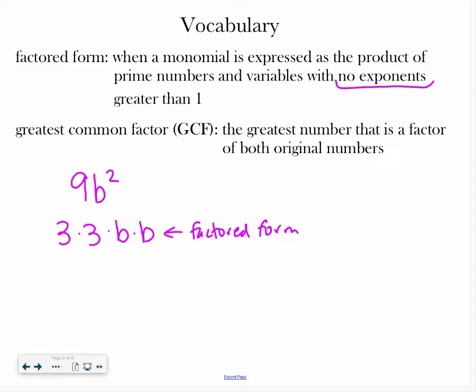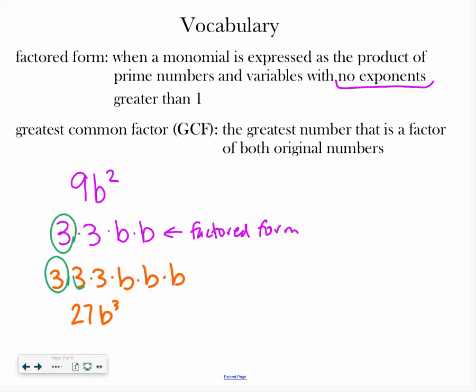Now, greatest common factor is if I were to give you the 9b squared, and then I also gave you 27b cubed, and I wanted to know what the greatest common factor between those is. I would again write 27b cubed in factored form, and then I would see how many terms they have in common.